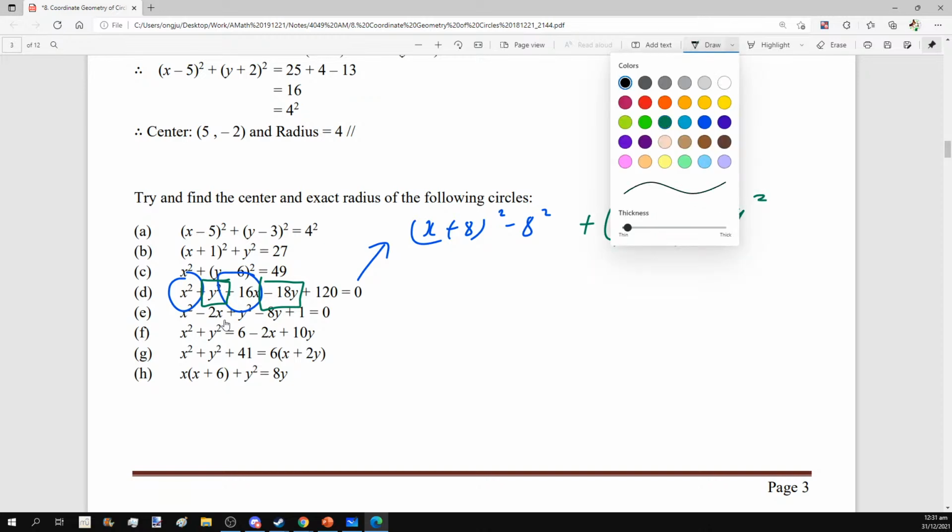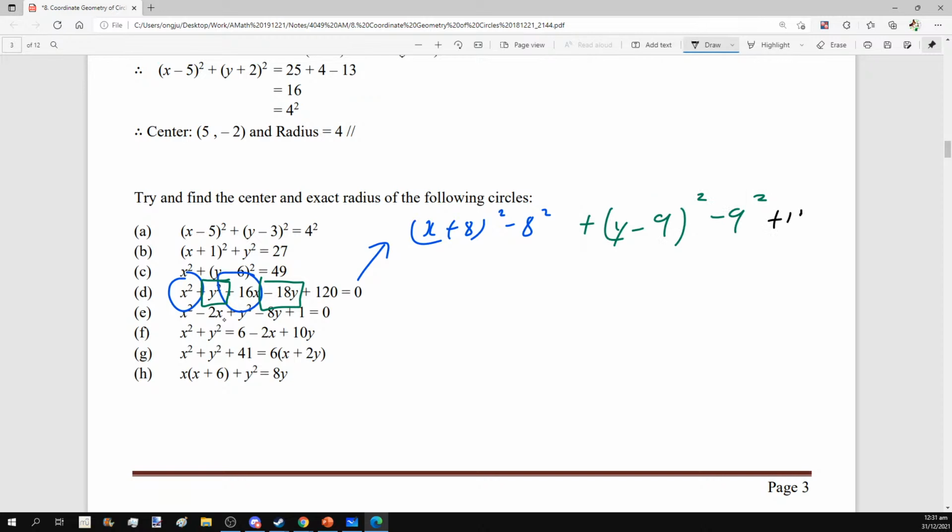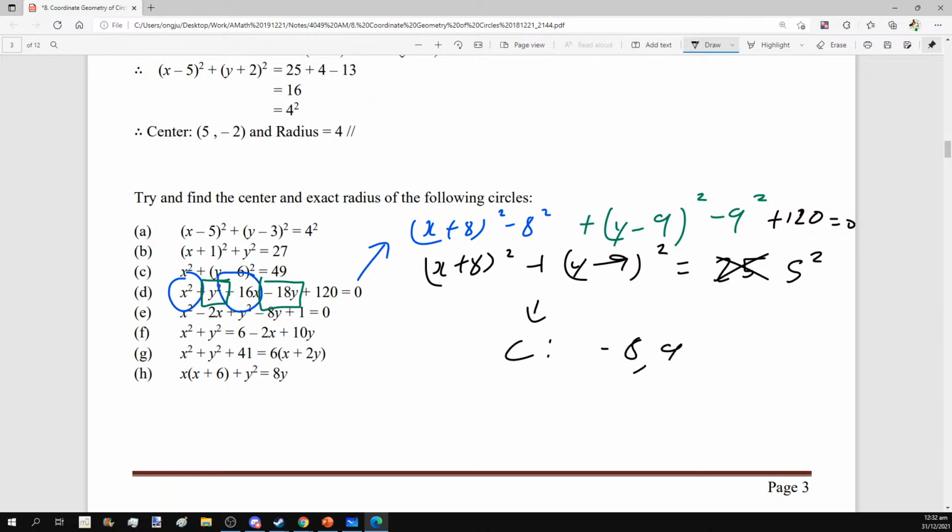Last but not least, we will carry over the 120, and the right hand side will remain as 0. You can go on to simplify this by leaving all the brackets on the left and all the numbers on the right, which will therefore give you x plus 8 square plus y minus 9 square equals to 25, i.e. 5 square. And from here, it is clear that the center is -8, 9, and very obviously the radius will be 5.